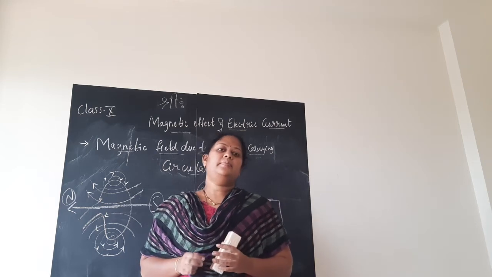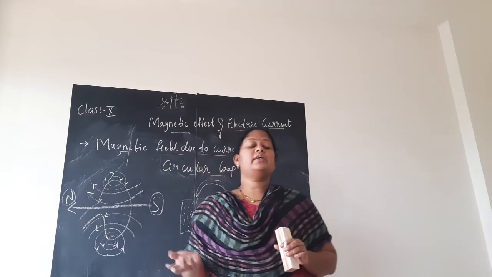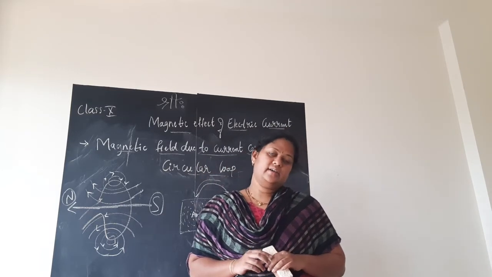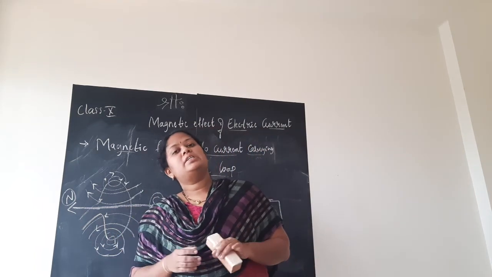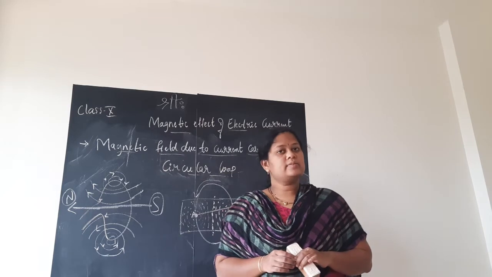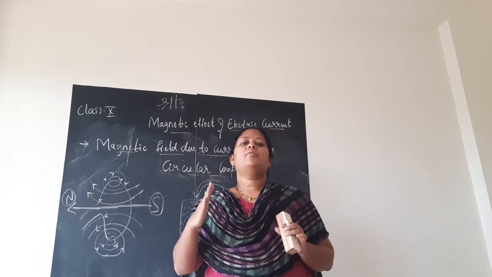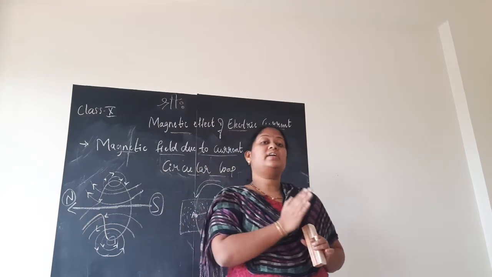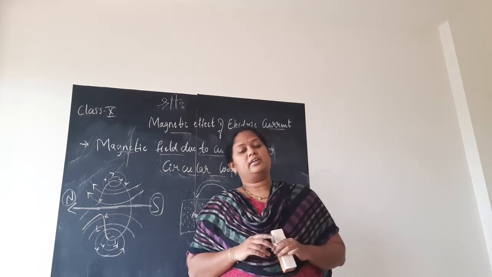So children, in the previous session, we understood how the magnetic field lines are produced in case of a current carrying straight conductor. We understood that the magnetic lines of force arrange themselves in the form of concentric circles, and the magnetic field strength increases as you go near to the conductor, and decreases as you go away from the current carrying conductor.